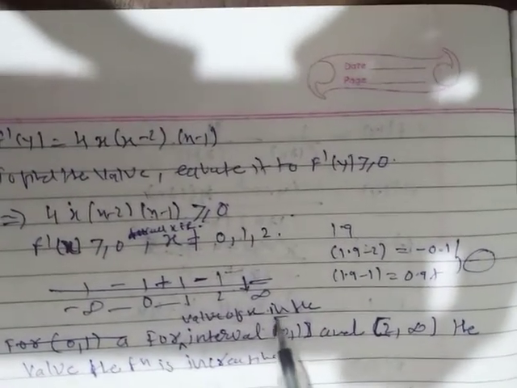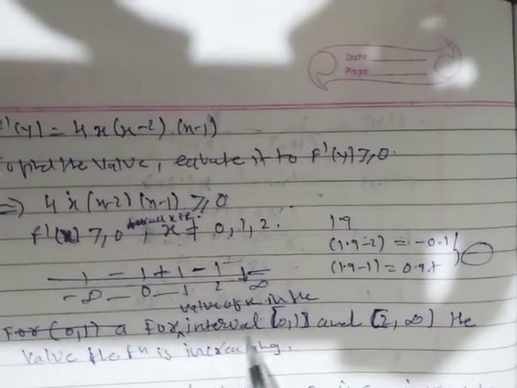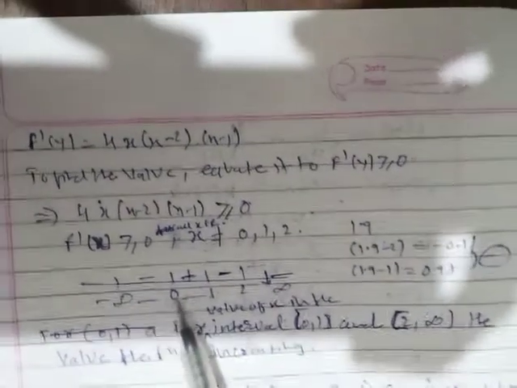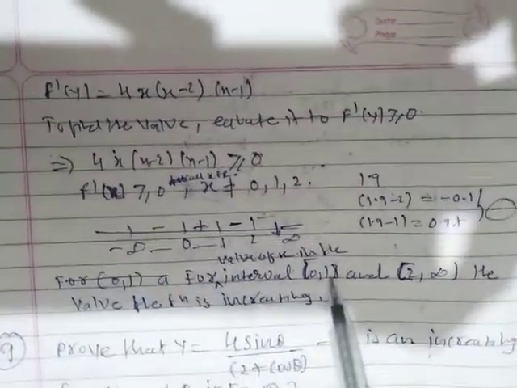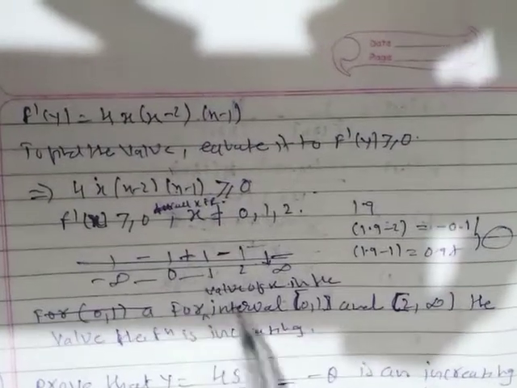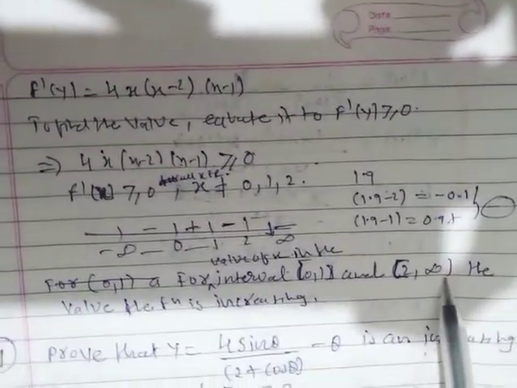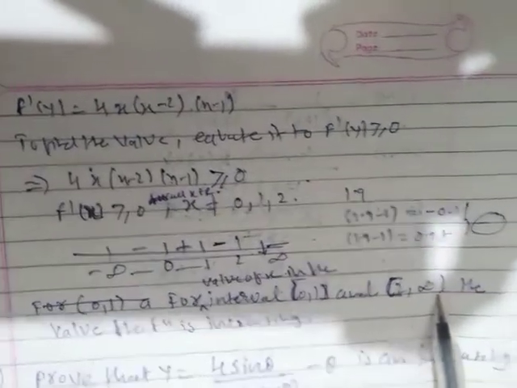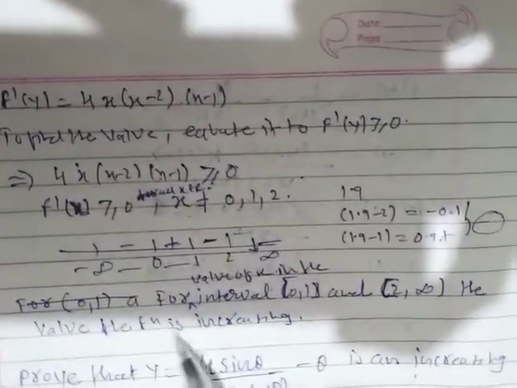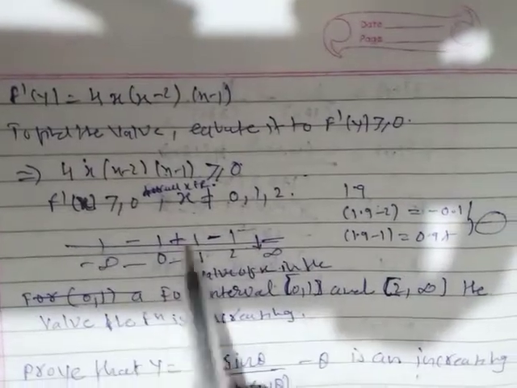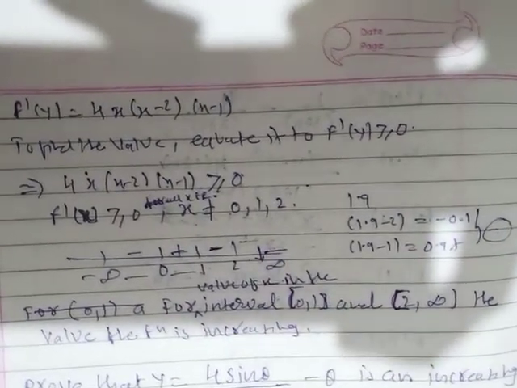So for the closed interval 0 to 1, it is increasing, and for the open interval 2 to infinity, the function is also increasing. The rest of the values are decreasing. You have to substitute and get the value.